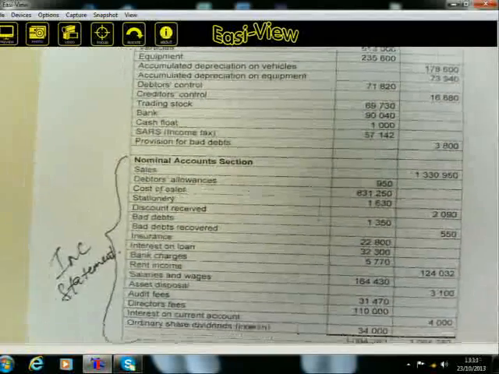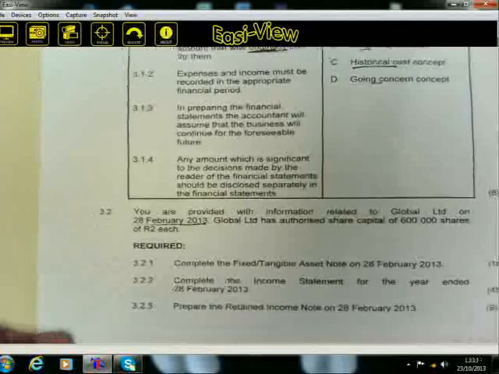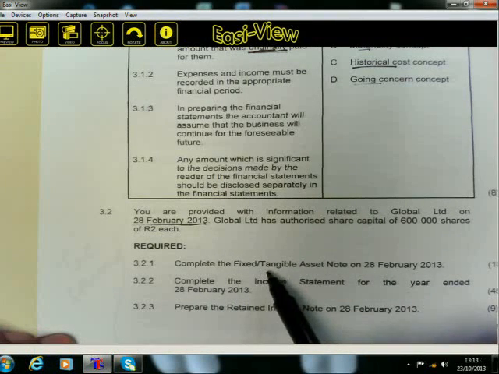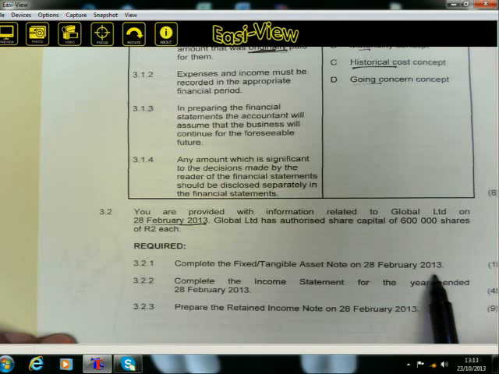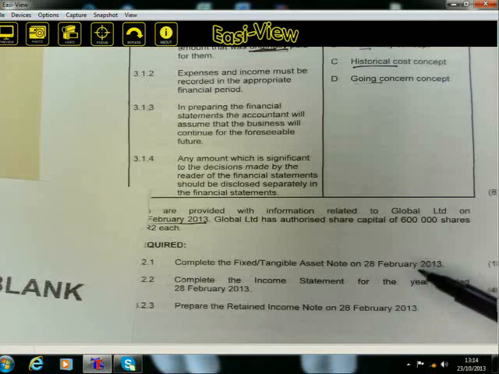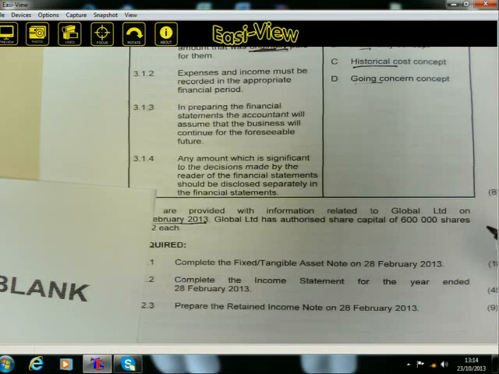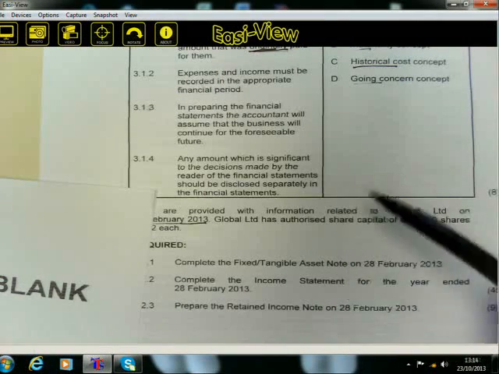We are also given the adjustments. But instruction 3.2.1 says you first have to complete the tangible asset note on the 28th of February 2013. I will do everything simultaneously because I wouldn't have time to go back to prepare the income statement or the tangible asset note.